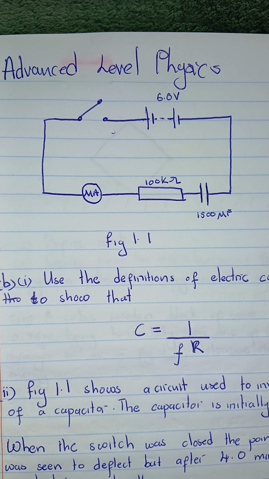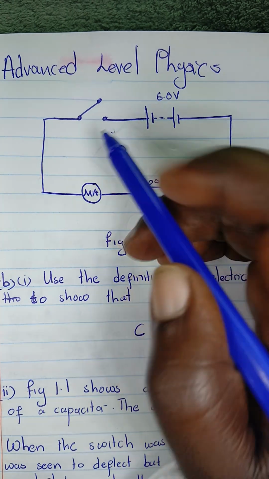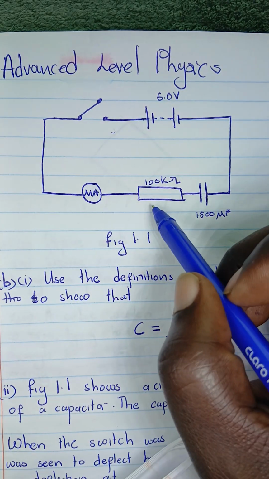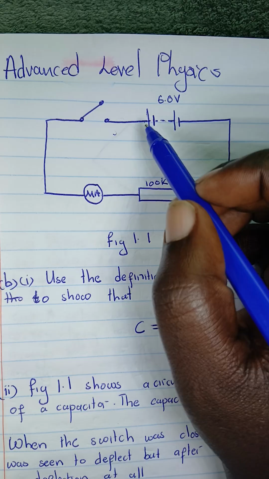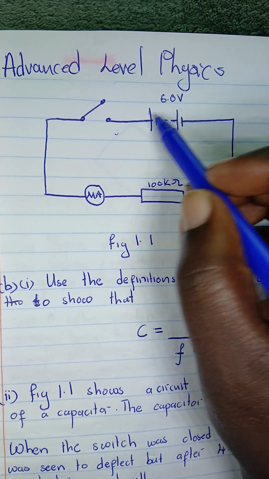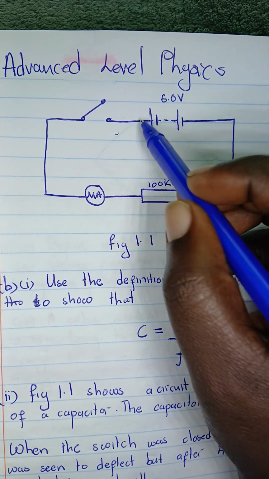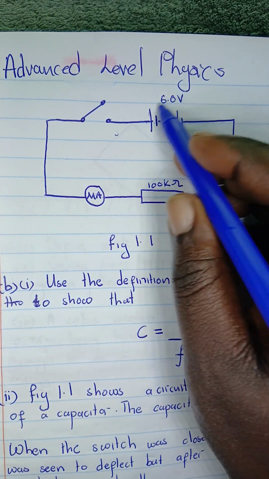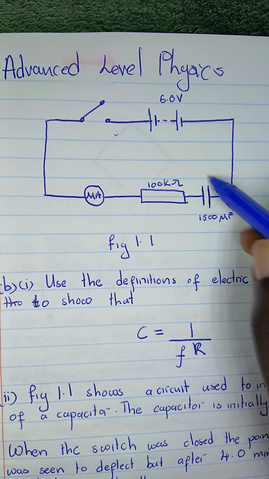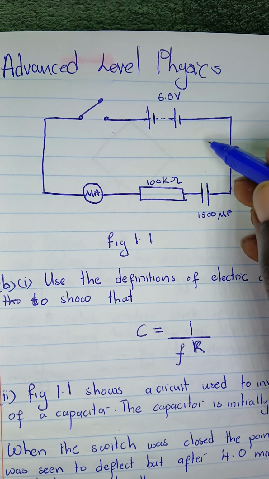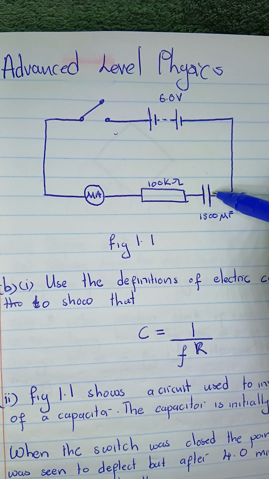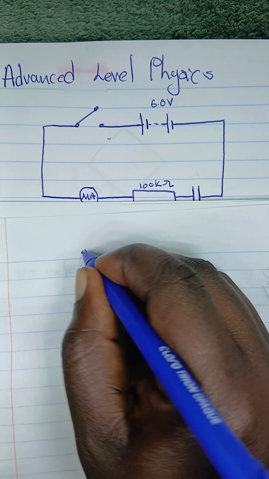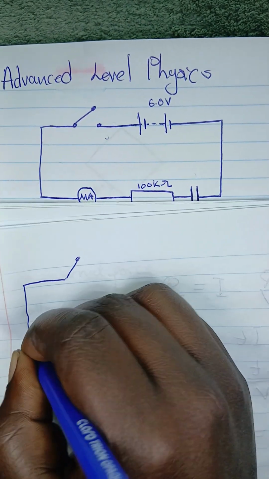So we can see that when this switch was closed, there was a current moving here. The voltage across this resistor was the voltage across this battery. So when the switch was closed, the voltage across this resistor was the voltage across the battery, and since the capacitor was not charged in the first instant, it acted like a short circuit.